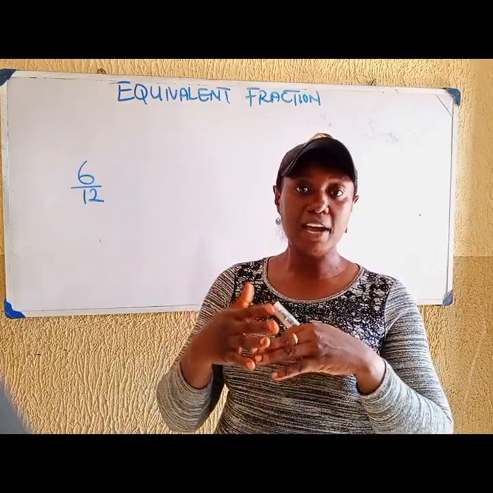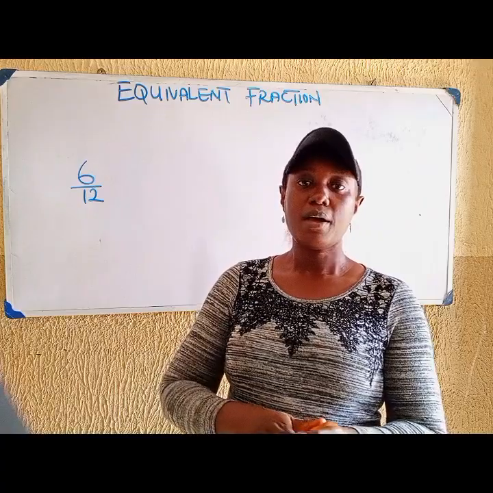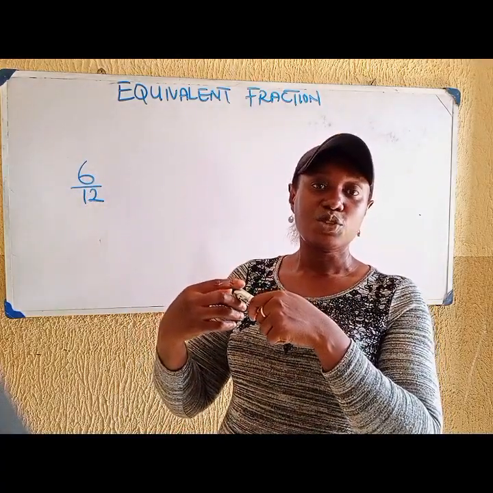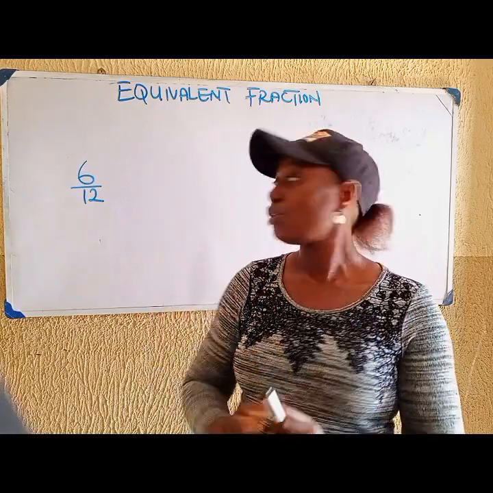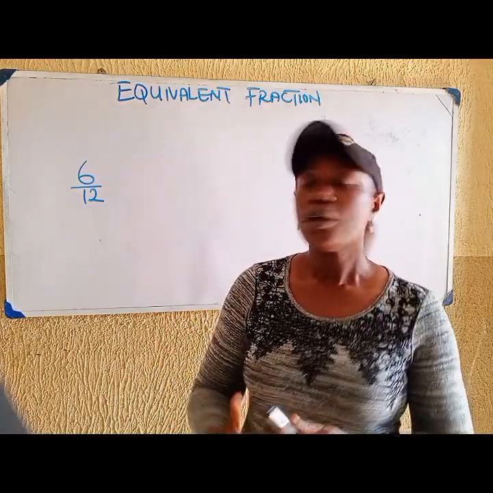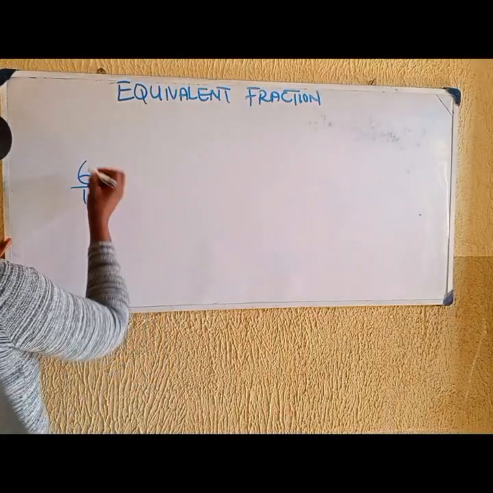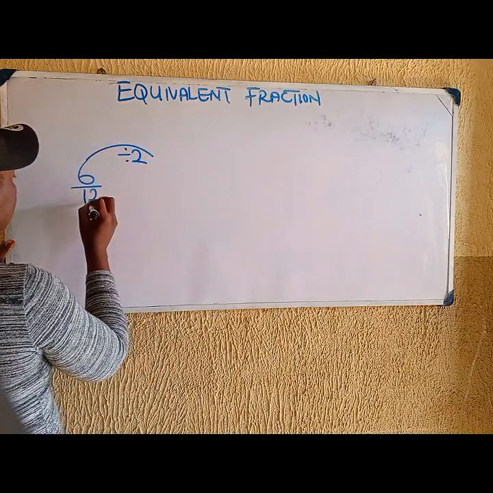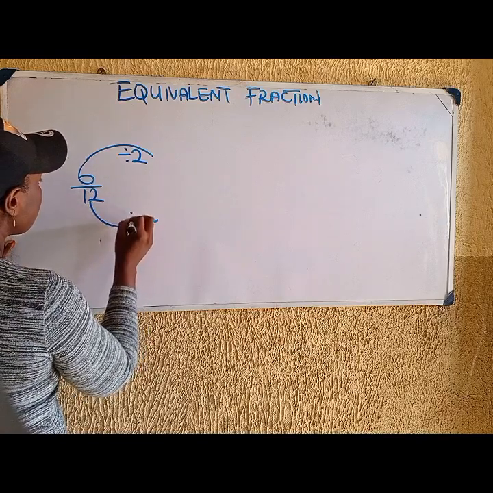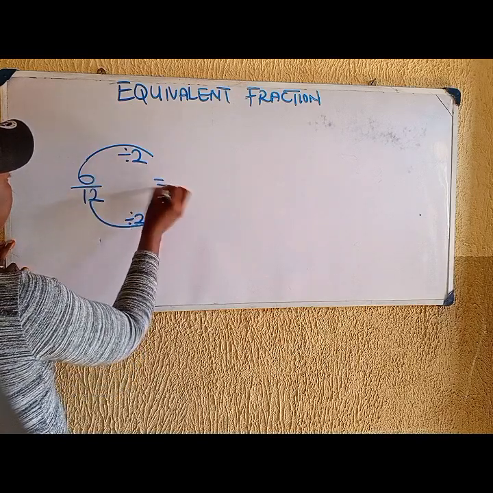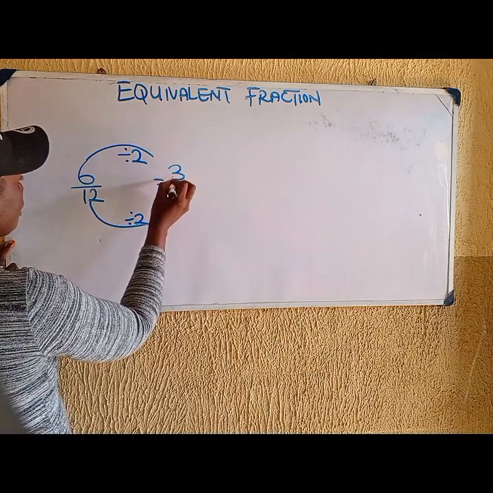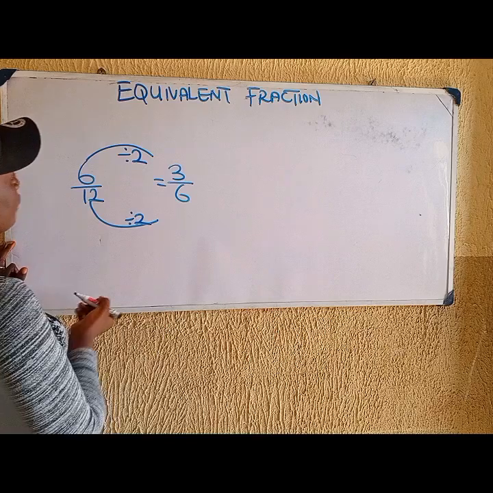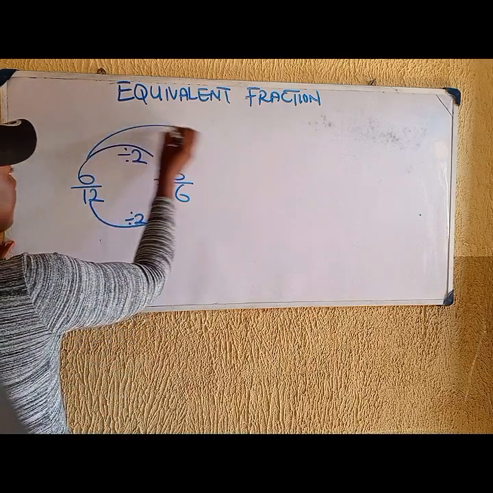We can divide so that we can reduce the number, because when you multiply, this number will keep on increasing. Now, you can divide the numerator by 2 and the denominator by 2. 6 divided by 2 will give us 3, and 12 divided by 2 will give us 6.